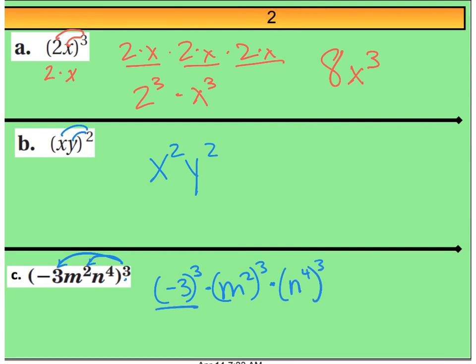So this you're just going to leave as it is. So I'm going to do negative 3 to the power of 3. You don't have to figure it out. Up here we could have left this as 2 to the power of 3 as well. But now let's do these. So I'm going to do 2 times 3, so it's m to the power of 6. 4 times 3, it's n to the power of 12.